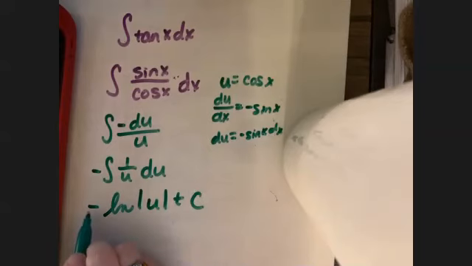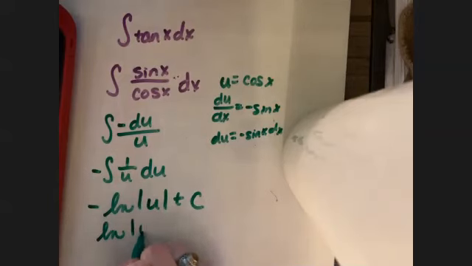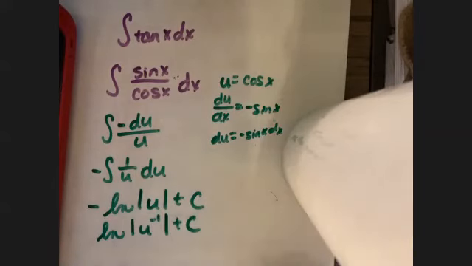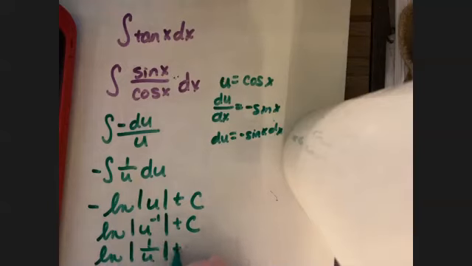What they do here is they pull their power rule for logs back into play. This negative winds up going back up to here, so they bring it back up into the exponent, and then that's natural log of 1 over u plus a constant. Now I'm going to backtrack this.